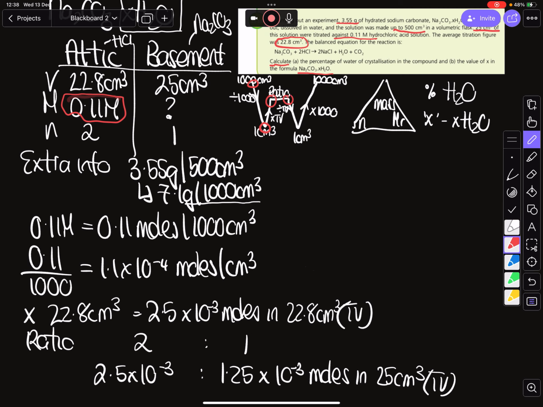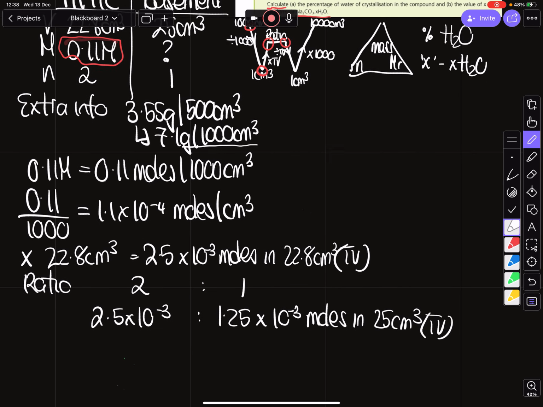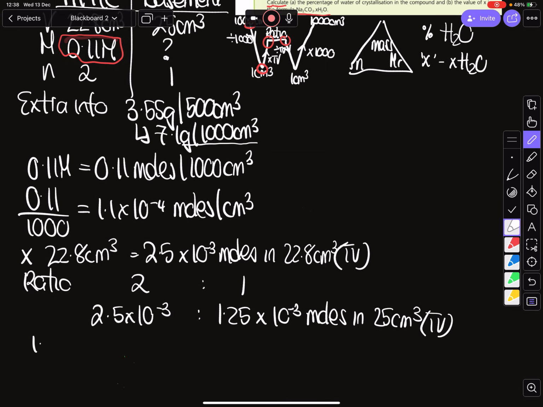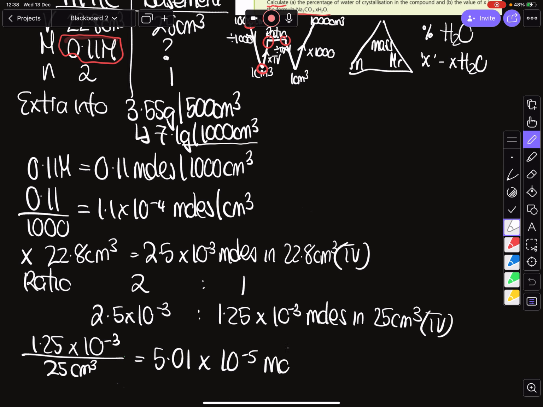So here we've applied our ratio. The next thing we're going to find out is how many moles are in 1 centimeter cubed. To do that, we divide 1.25 by 10 to the minus 3 by our 25 centimeters cubed. When we do that, I get 5.01 by 10 to the minus 5 moles, and that's in 1 centimeter cubed. So I've gone to this point in my W.